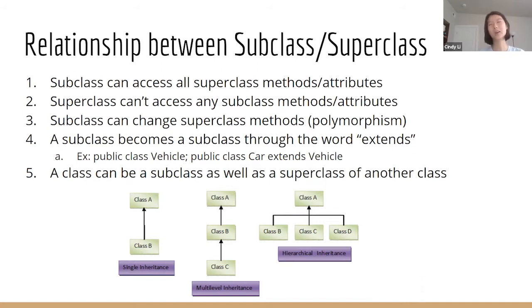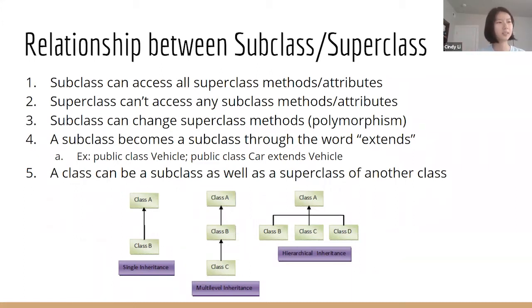Now, there are also more types of inheritance, but we will not be getting to those, such as, what is it called again? Let me take a look at my notes. Those types of inheritance, such as multiple inheritance or hybrid inheritance. They are not always supported by Java.